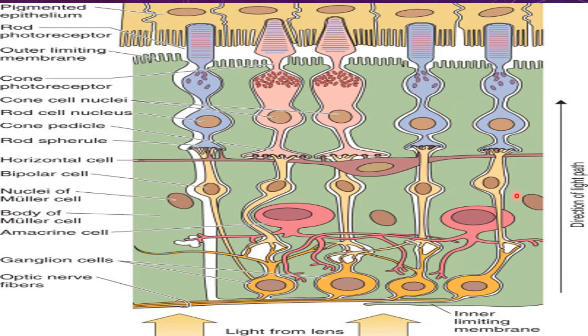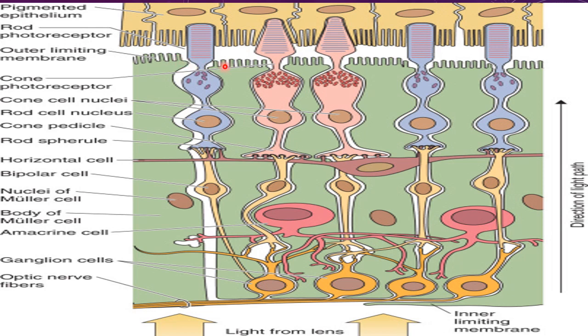This one having this nucleus, this is one cell and this is another cell. So can you see these cells which are very long and extensive, having the neuronal cell body in the inner neuronal layer, but their cytoplasm is extending towards the outer limiting membrane.